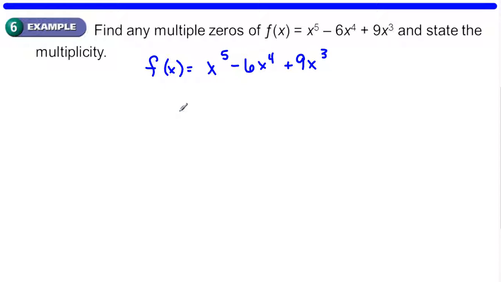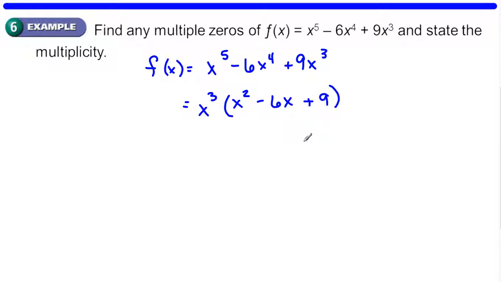So I can factor out at least an x cubed, which then leaves me with x squared minus 6x plus 9. Okay, so 3 plus 2 is 5, 3 plus 1 is 4, 3 plus 0 is 3, so we're good.